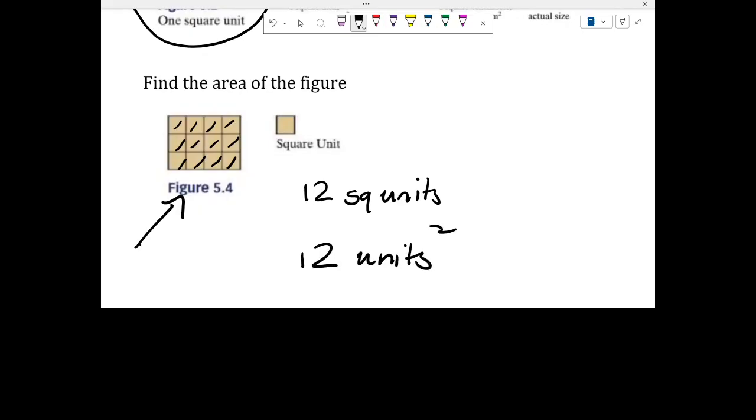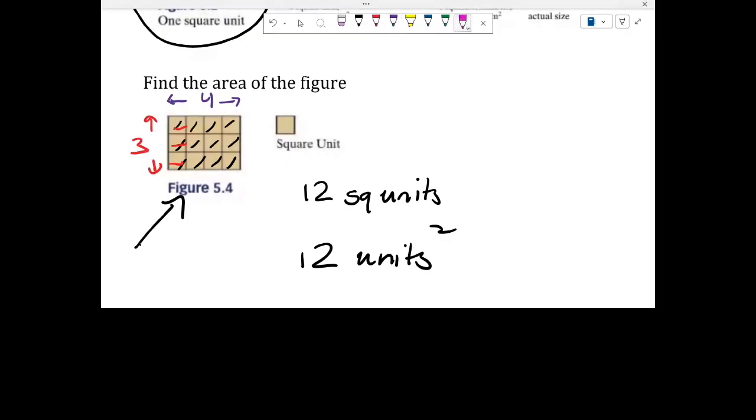Another way we write it, y'all, looks like this: 12 units squared. And the easiest way I can explain this is if I count from here to here, there are 3 marks, right? Look, there's 1, there's 2, and there's 3. And if I count from here to here, there should be 4 of them, right?